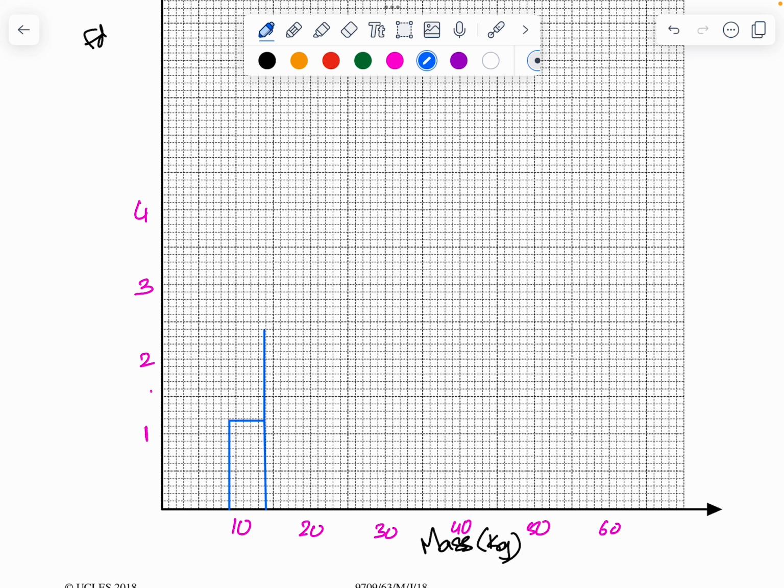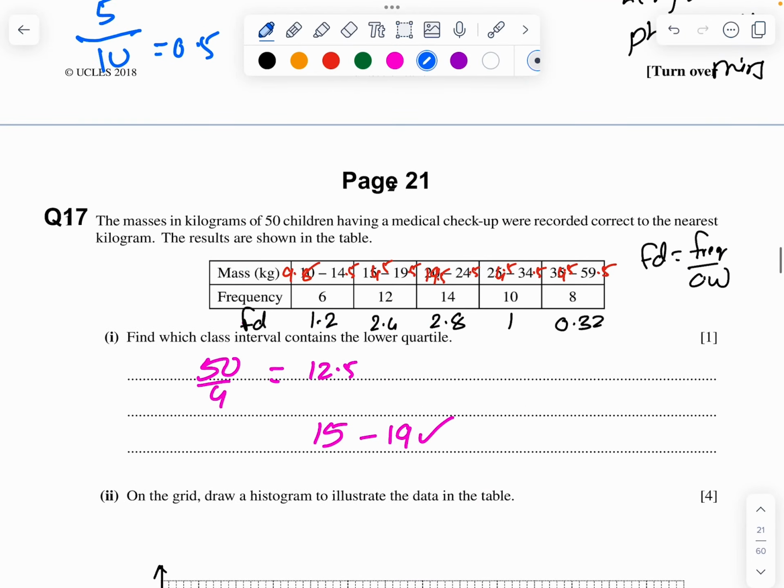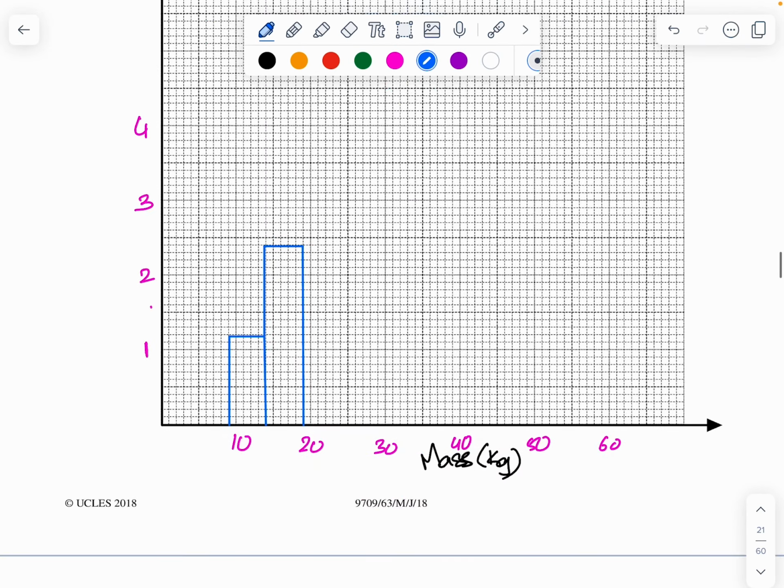Then from 14.5 to 19.5 is 2.4. Then from 19.5 to 24.5, 2.8.